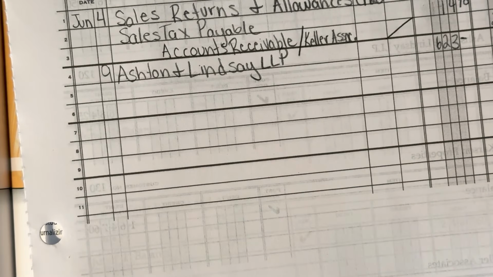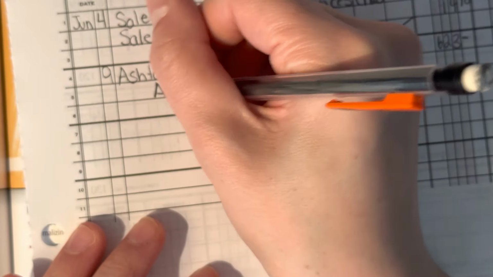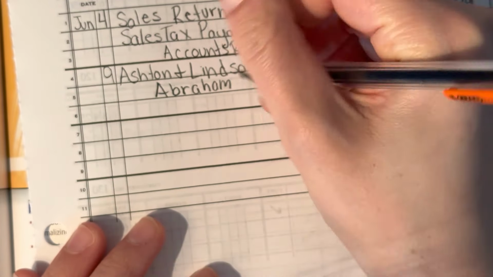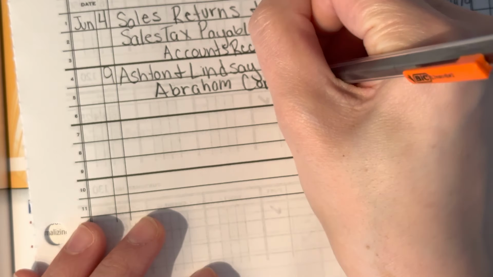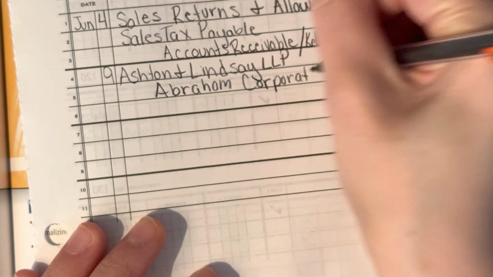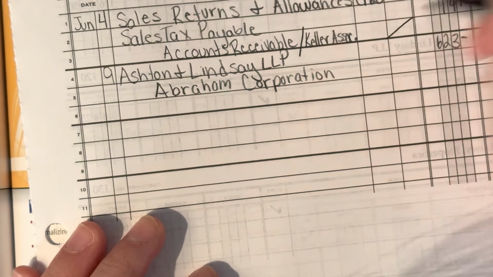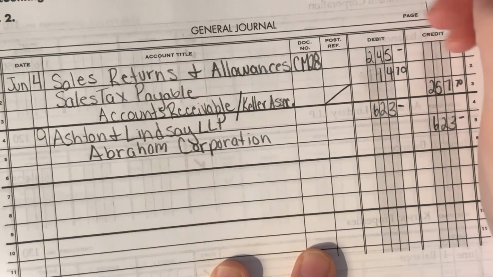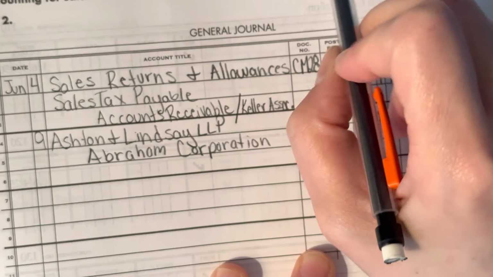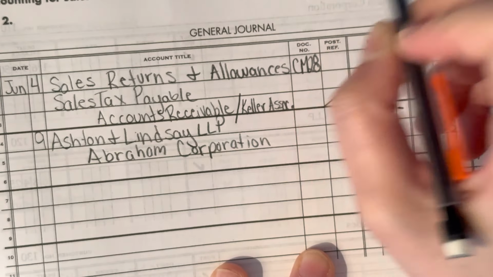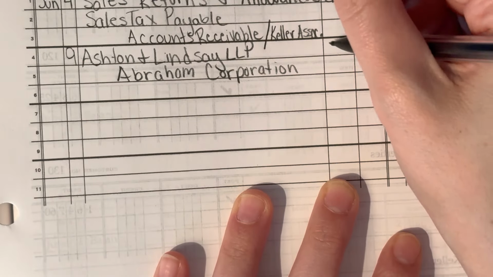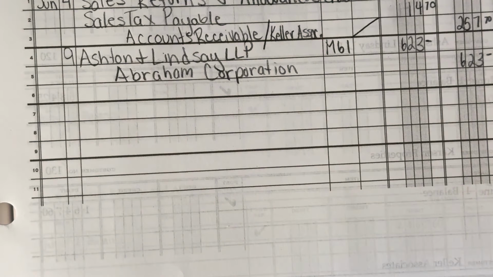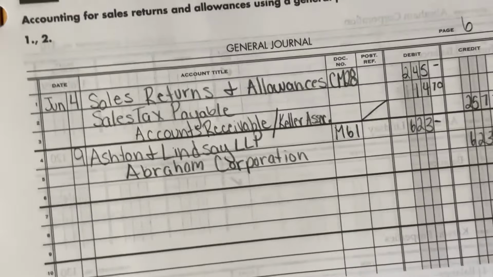And we do the same thing with Abraham's Corporation, but we credit it. So we get it out of Abe's account and into Ashton and Lindsay's account. The problem will tell me what the document number is. Memorandum number 61. So that's abbreviated as M61. Perfect. Let's go on to the next one.